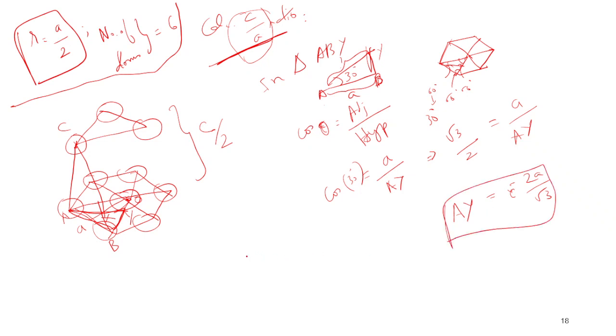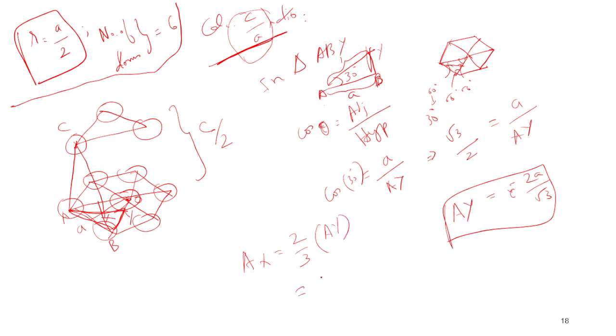Then we will go for AX. If we look at it, it is not exactly at the center. Rather, let's say it is at a distance of 2/3 from AY.